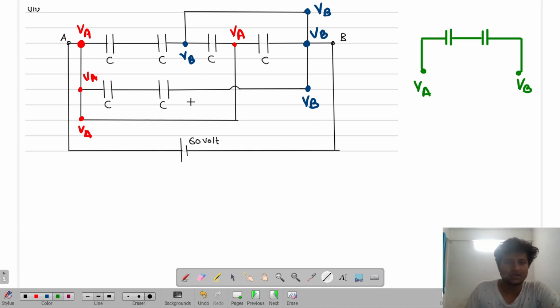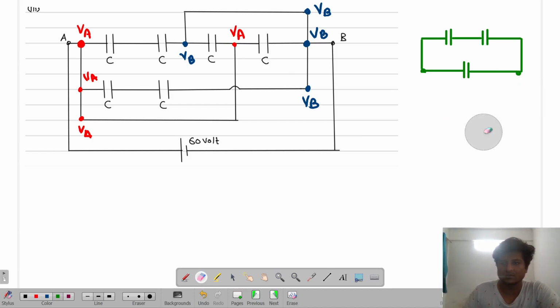Is that clear? Next, there is one more capacitor between VA and VB. Is that clear? Then one more capacitor is between VA and VB.